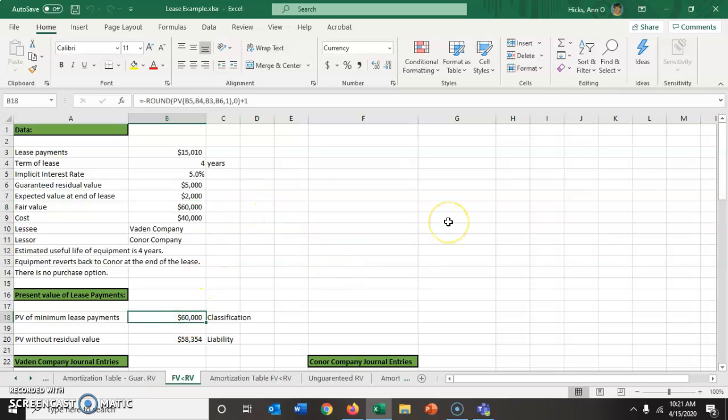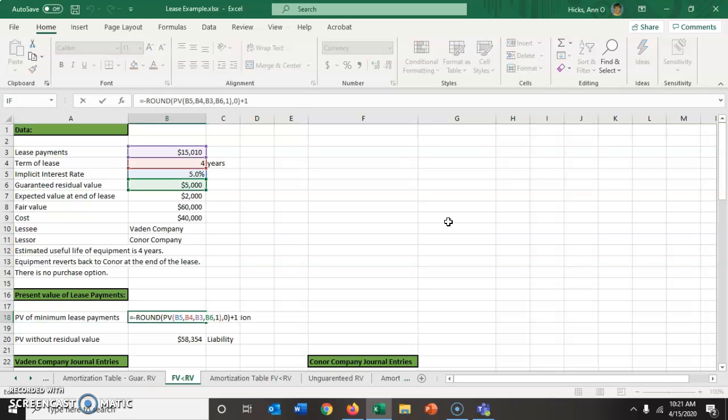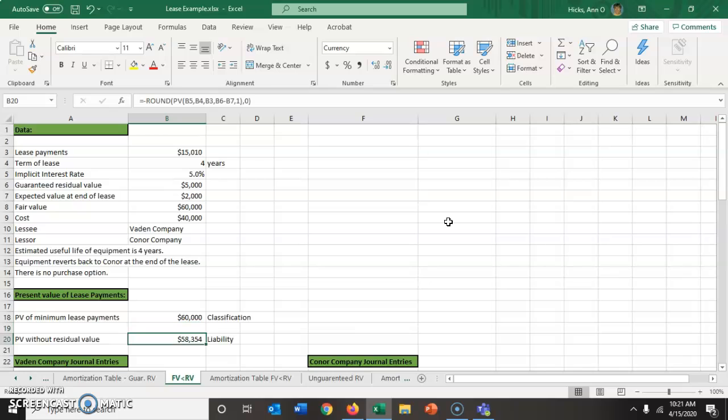Now, what that changes, it does not change the present value of minimum lease payments for purposes of classification, wherein we will include the guaranteed residual value, irrespective of whether or not the lessee is going to wind up having to pay anything. What it does change is the calculation of the present value of the lease payments for purposes of determining the liability amount and the value of the right of use asset.